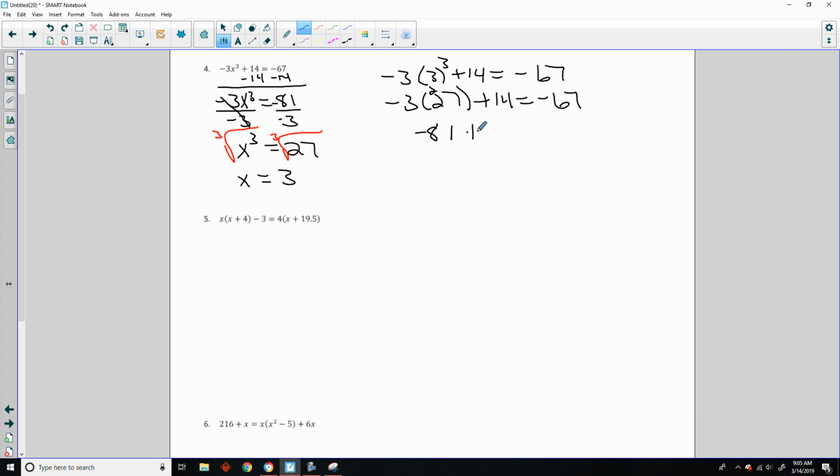Negative times a positive, plus 14. Negative 81 plus 14 is negative 67. And they check.